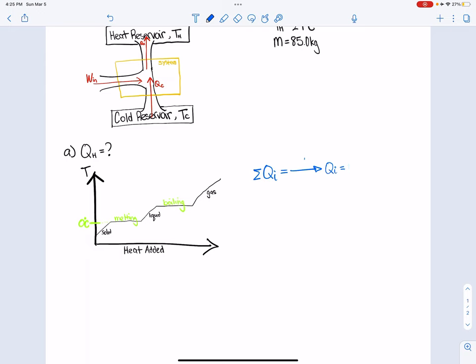That would be mass of material i times specific heat of material i times final temperature minus initial temperature, right? And then the other thing that the summation needs is plus or minus mass times the latent heat of fusion for material i, or mass times the latent heat of vaporization for material i, right?